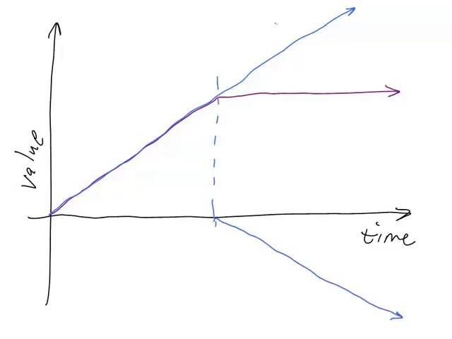Here, the slopes of these two blue ramp inputs are exactly opposite of each other. So when we add together the value of the two blue ramp inputs at every instant in time, we would get the purple input. The first ramp input is applied at time 0, and the second input is applied at time t.